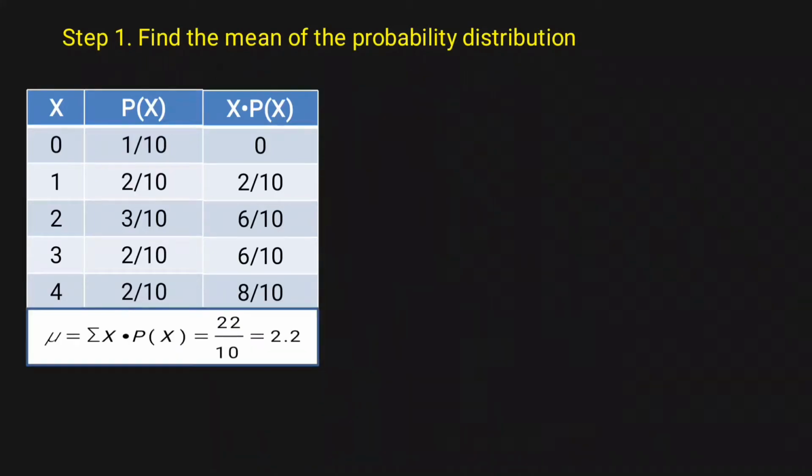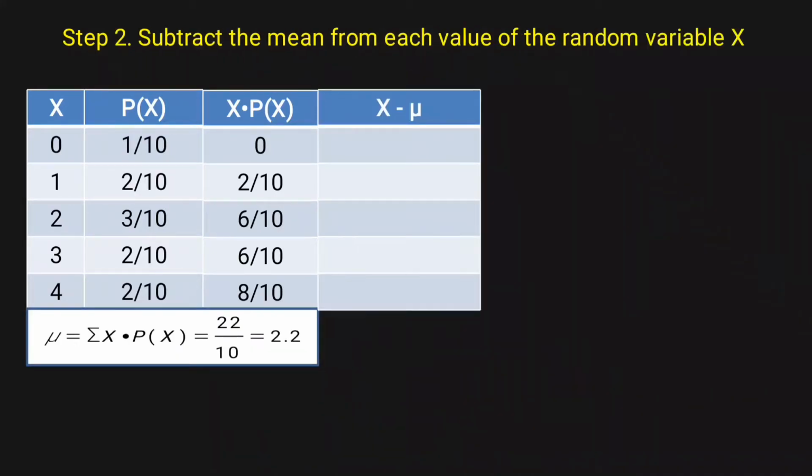Okay, so next step. Step number 2, subtract the mean from each value of the random variable x. So itong mean natin na 2.2, isasubtract lang natin sa ating random variable x. Okay, so 0 minus 2.2 is equal to negative 2.2.